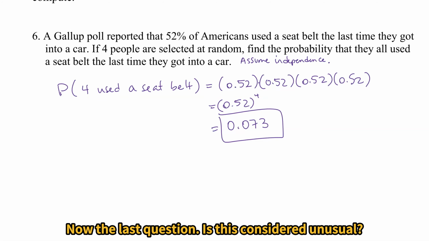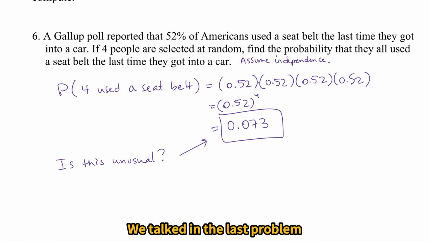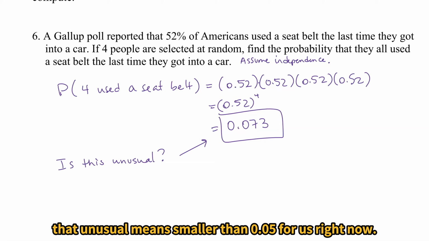Now, the last question. Is this considered unusual? Is this an unusual probability? 0.07. We talked in the last problem that unusual means smaller than 0.05 for us right now.